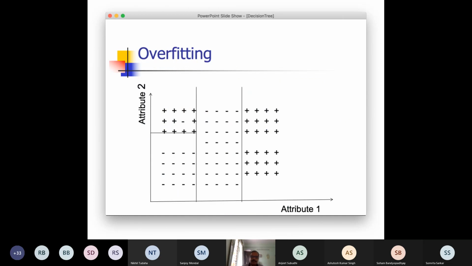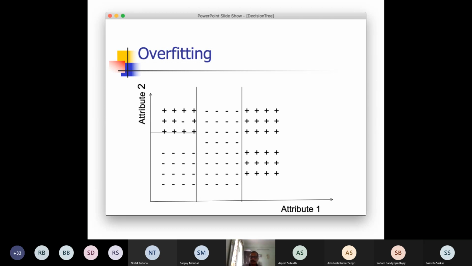So one typical example, if you remember that rectangle learning situation, and with respect to the previous example, there is one particular sample, this one.